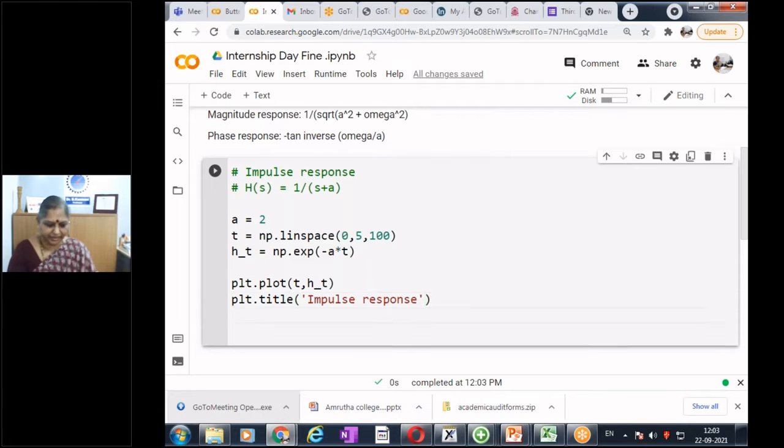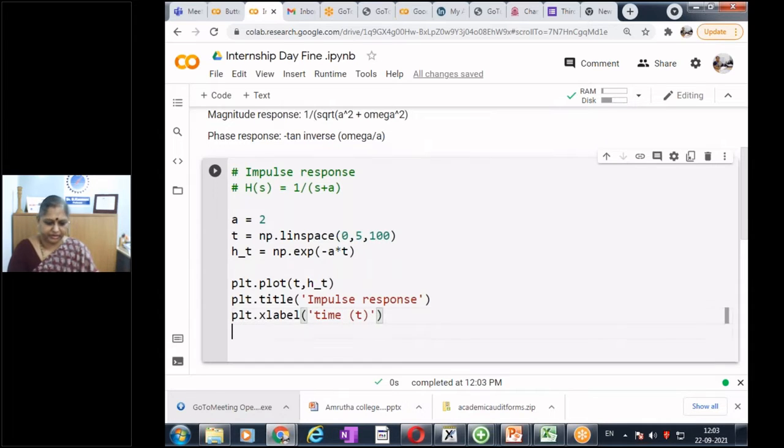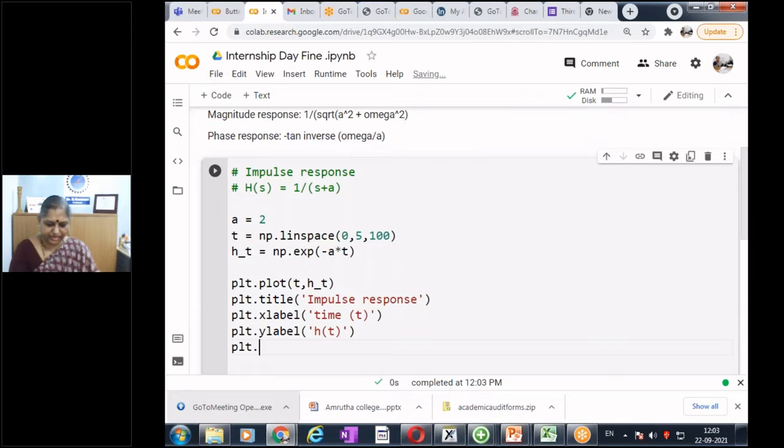What is my x label? plt dot xlabel, it is time t. plt dot ylabel, it is the impulse response h of t. And I always like to have the grid on.